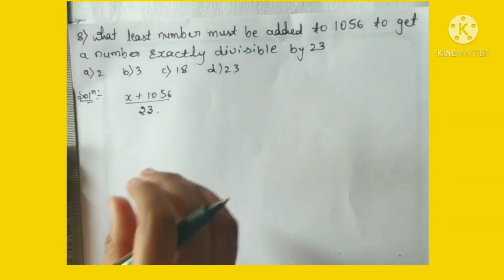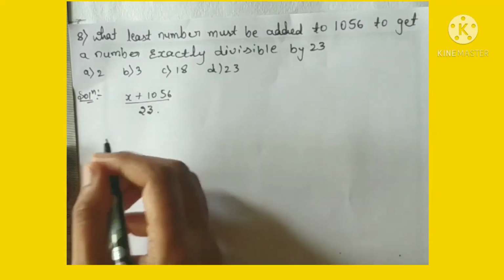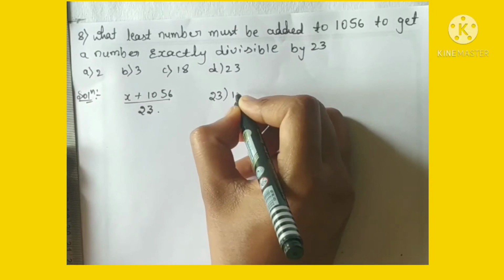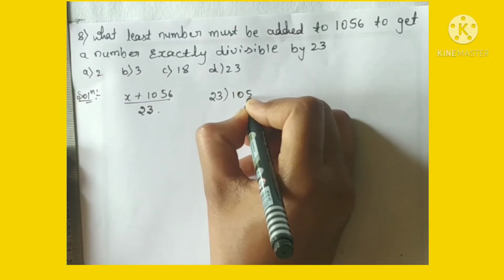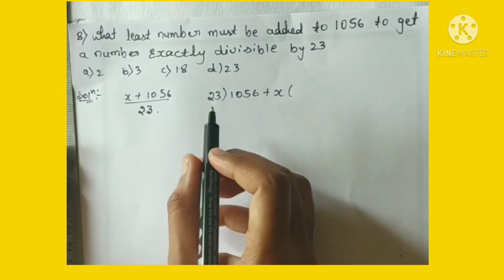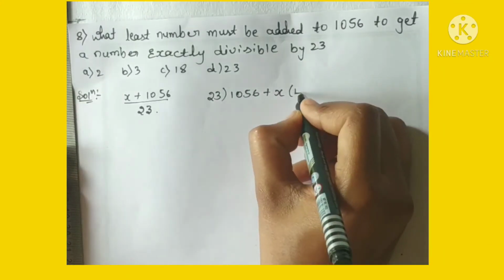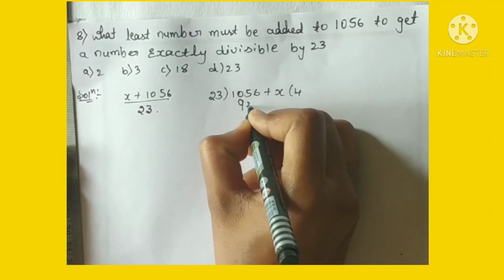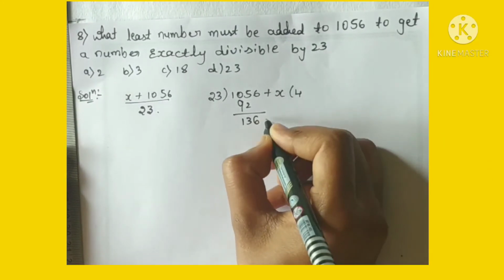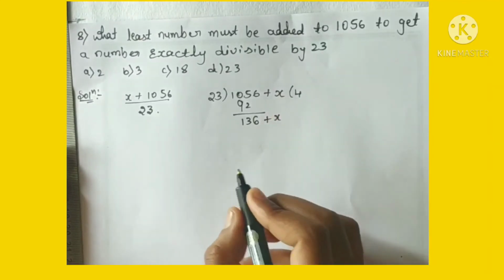Okay. Now for this I just divide. That is 23 into 1056 plus x. Now I will divide 23 into 105: 23 times 4 is 92. Here the remainder is 13. I just carry the 6 as it is, plus 1 plus x.